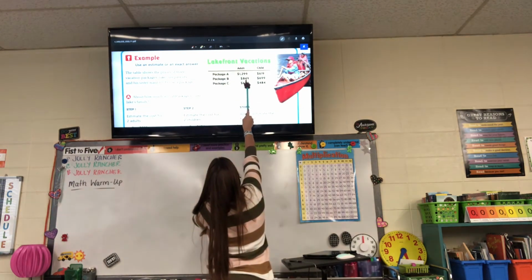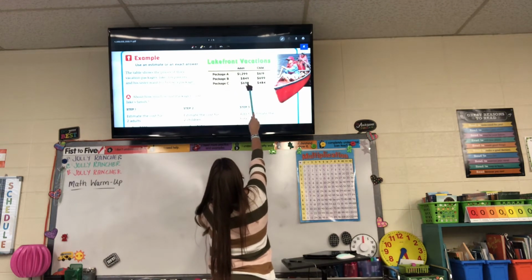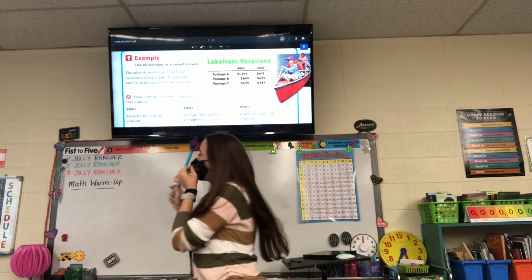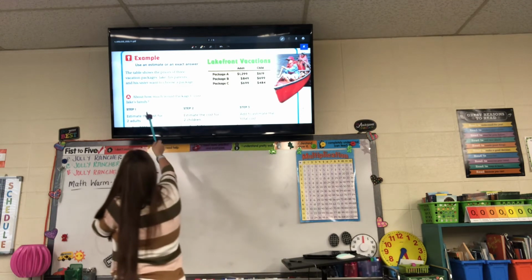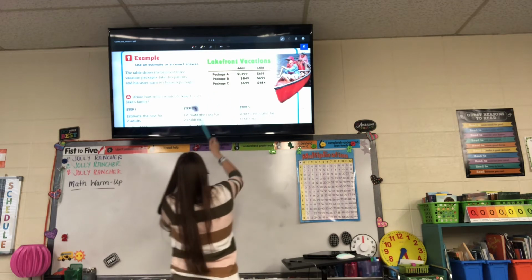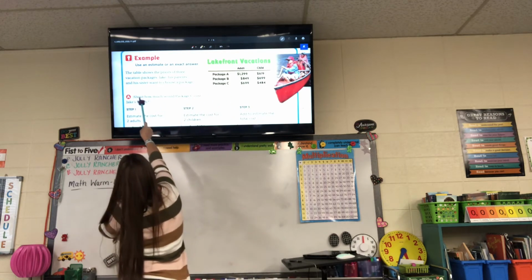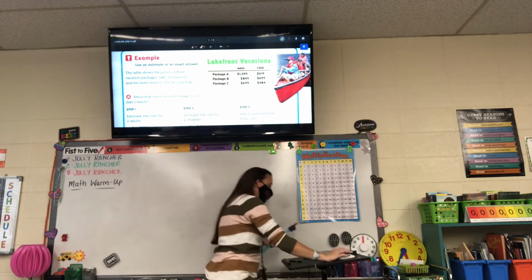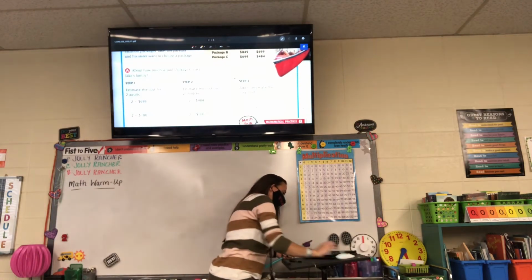Package B, the adult, the child. Package C, the adult, the child. So let's stay focused now. Now they want us to look at package C, so 699 and 484. And they want us to round, or to estimate, because we've got that about word.